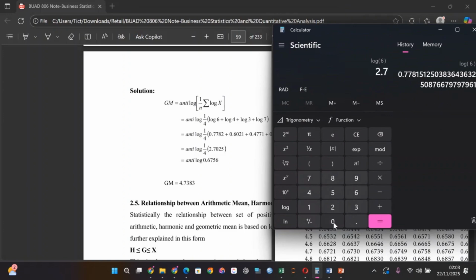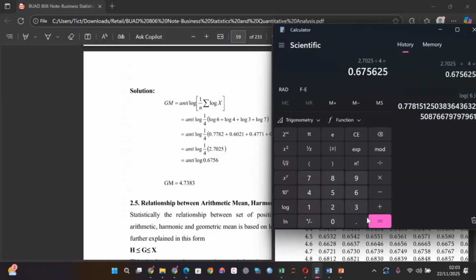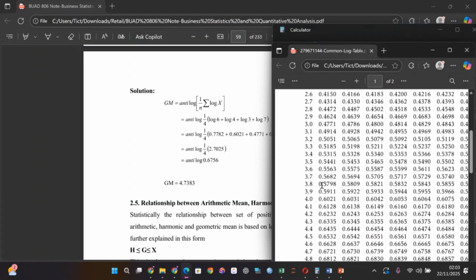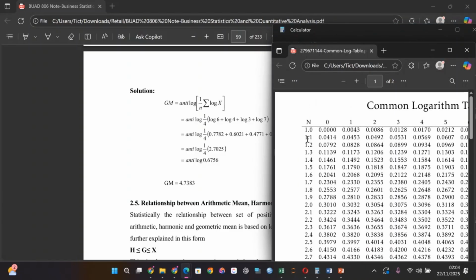Please, I have a question. The log table was moving slowly, but it's fine. So for example, for this log 6, what do I look at by the side, to my left? There's 1.0 and the like.